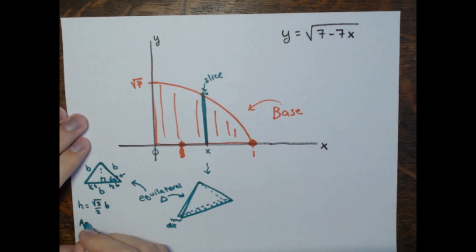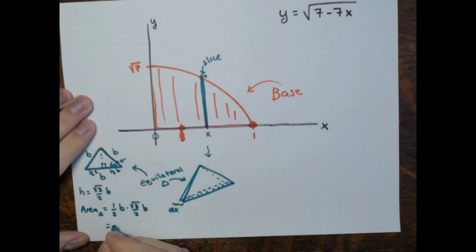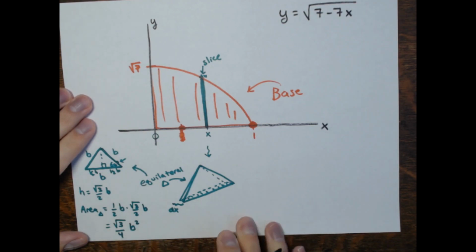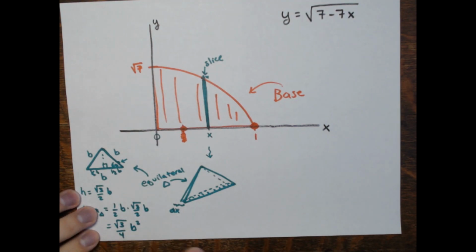So the area is half the base times the height, which gives square root of 3 divided by 4 times the base squared. This is the area of an equilateral triangle: square root of 3 over 4 times the base squared.